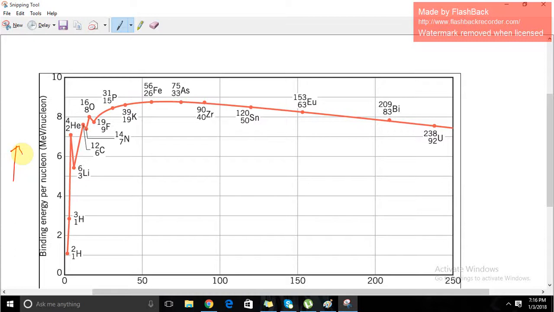Hopefully this is making some sense to you. Fission and fusion were already studied in veritable detail in, I believe, O levels, and there is this arrow shown in this book I use, and it's written fission.